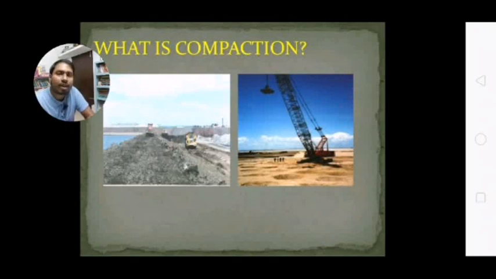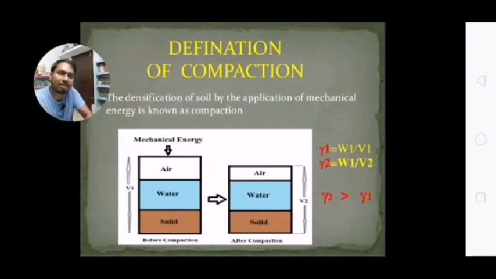Now we can easily understand this compaction from the slide, where we can see a three-phase soil sample, which contains air, water and soil. The volume of the whole soil sample is V1 and the weight is W1. Thereby the unit weight of that soil sample is W1 by V1.